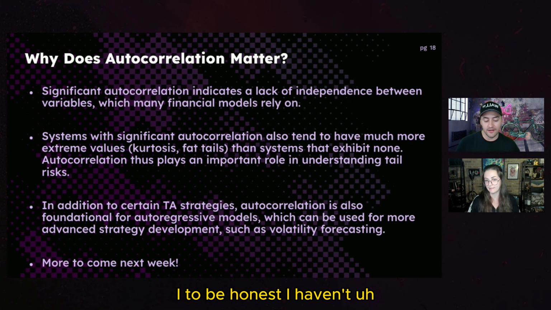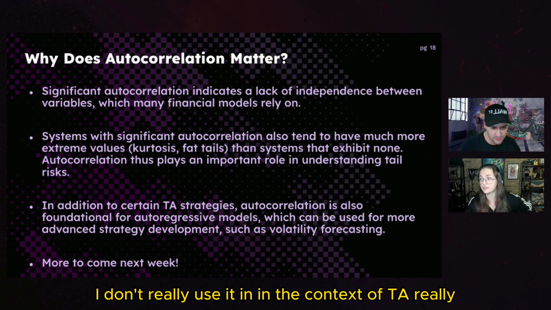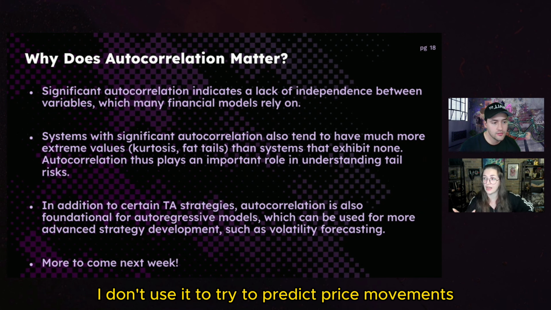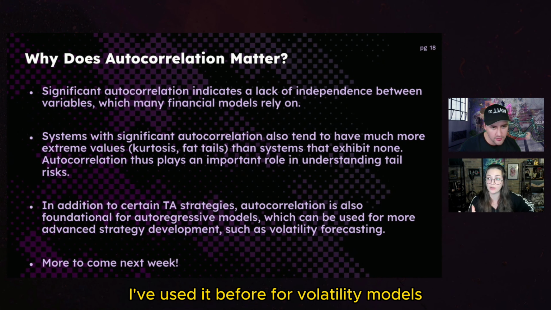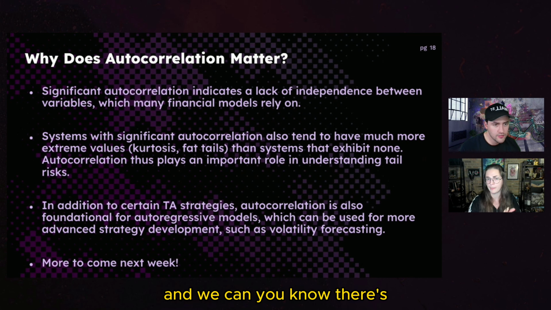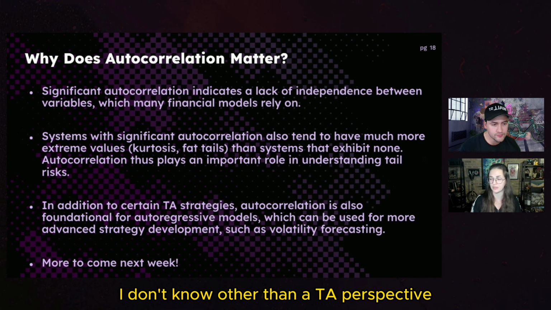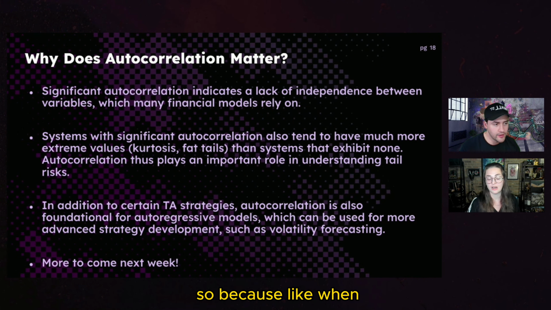To be honest, I haven't seen autocorrelation before. So personally, when I use autocorrelation, I don't really use it in the context of TA. I don't use it to try to predict price movements. I've used it before for volatility models. And for volatility models, there are examples of why this might be useful from less of a TA perspective.